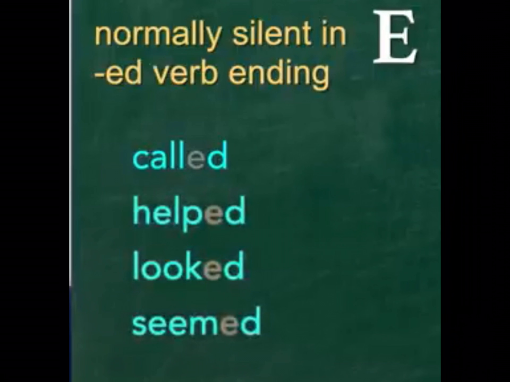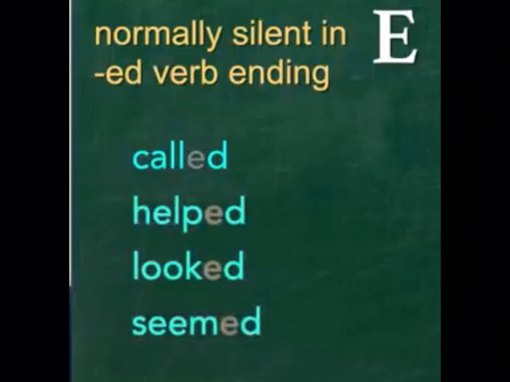If the past form of a verb ends in ed, we normally don't pronounce the letter E, like called, helped, looked, seemed. We don't say called, we don't say helped, we don't say looked, we don't say seemed, okay? We say called, helped, looked, and seemed.